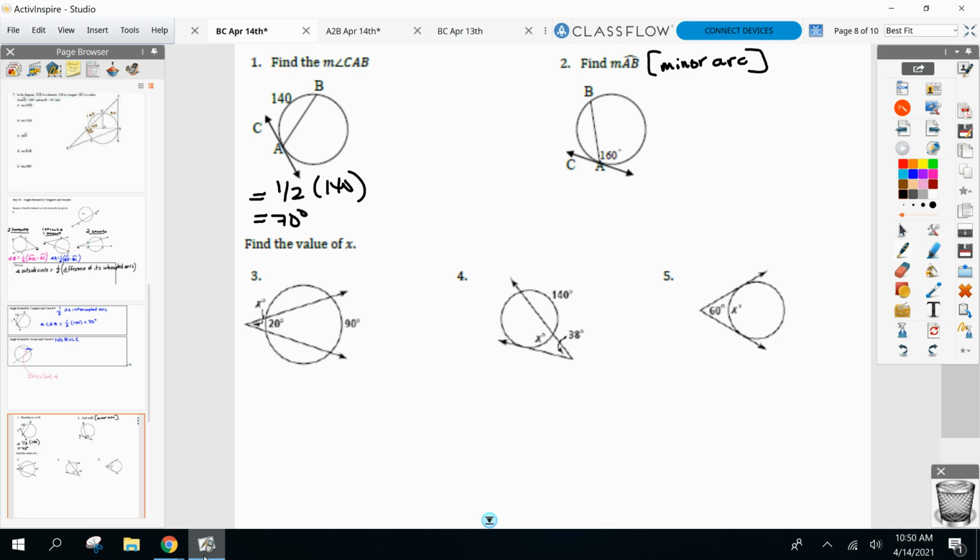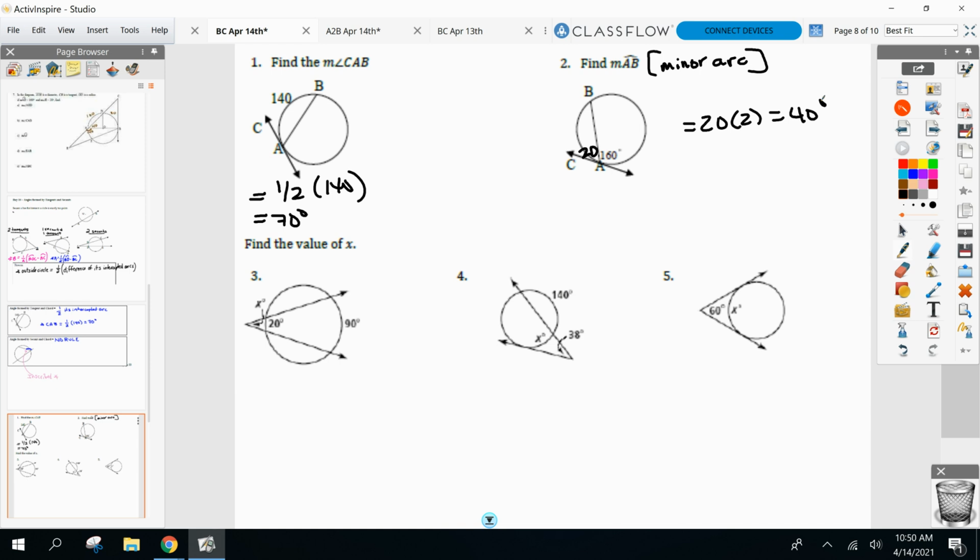You could do 180 minus 160. Okay, so you get the angle next to it is 20. And now what could I do with that 20, Emily, to find minor arc AB? Multiply it by 2. Great job. Because usually I would take half of it to get the angle, so going backwards, I'll double it. Nice job, Emily.